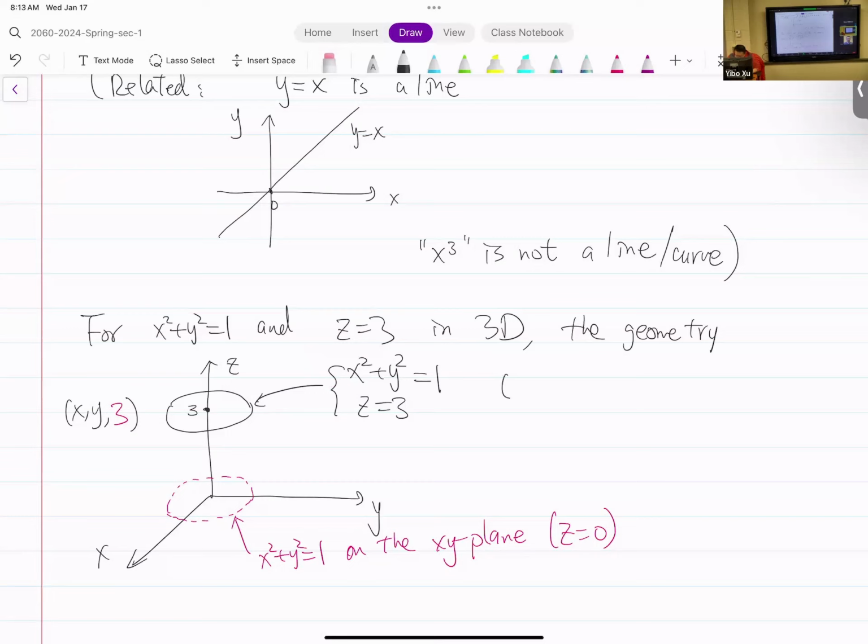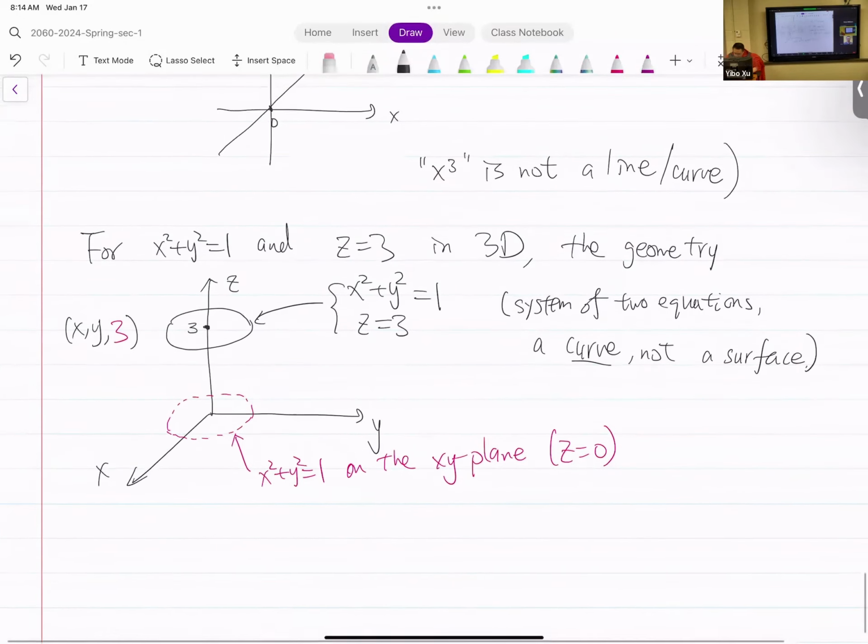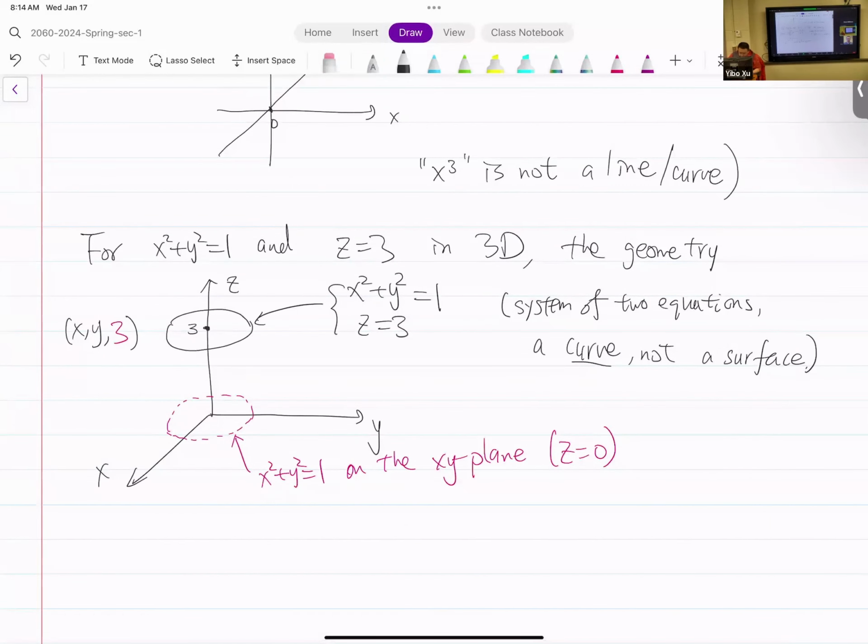So here, the point is that this is a system of 2 equations. And we have, in this figure, a curve. Not the surface. Right. So that's about the geometry.